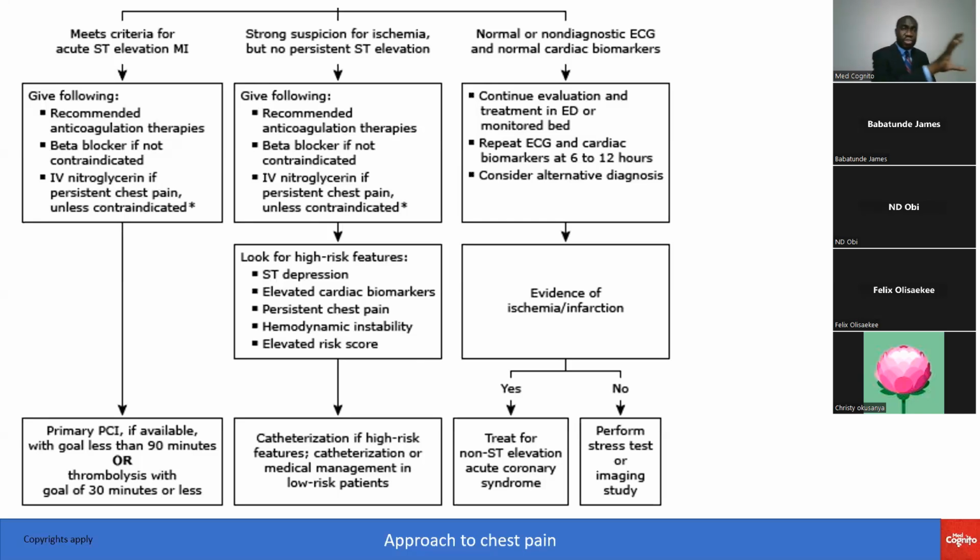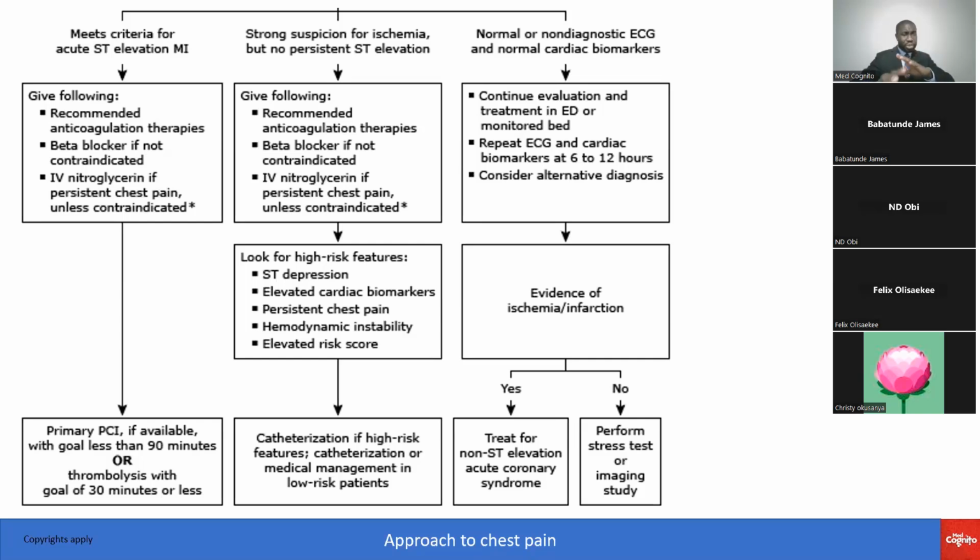So please know all these various possible scenarios you can meet in real life and as you prepare for your exam. If it is obvious, call the cardiologist, give your low molecular weight heparin, give your aspirin, give your beta blocker, give your nitroglycerin, ship the patient off.